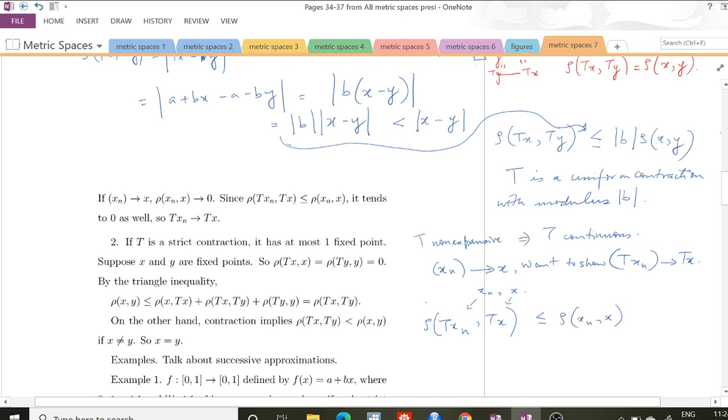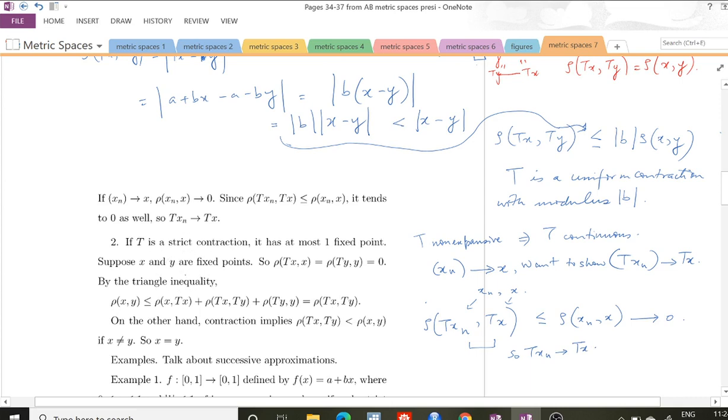Now we have a sequence xn that converges to x, so the distance between xn and x goes to 0. And therefore this distance, which is always less than or equal to that, gets squeezed and goes to 0 as well. So txn converges to tx, so t is continuous.